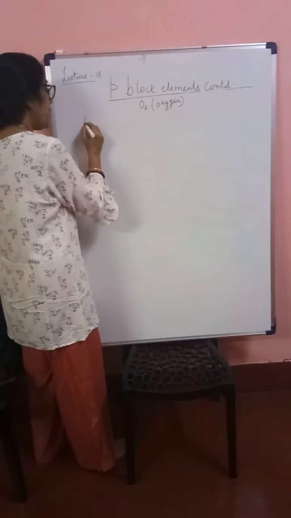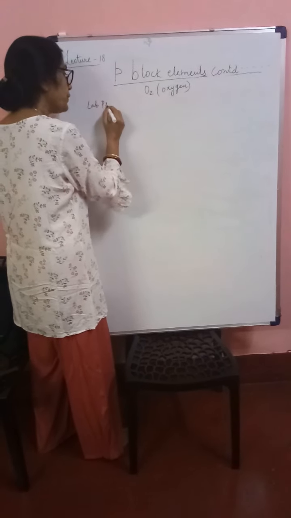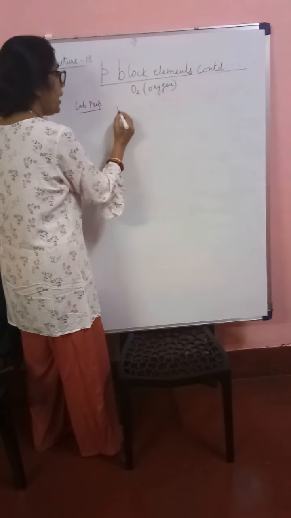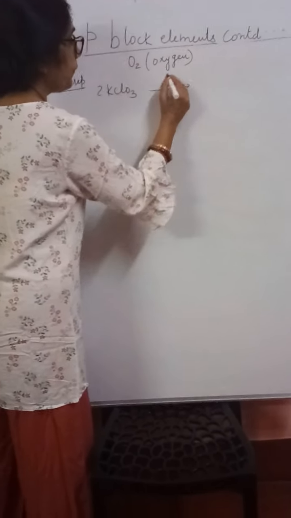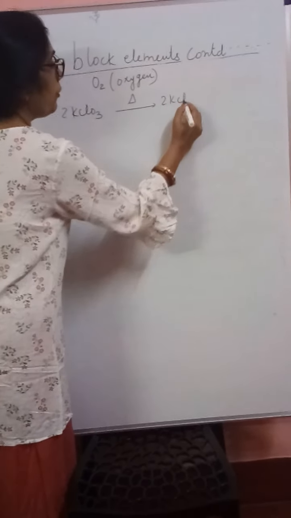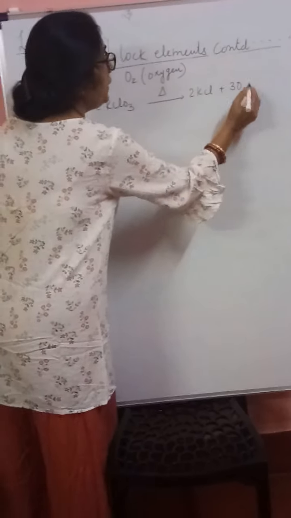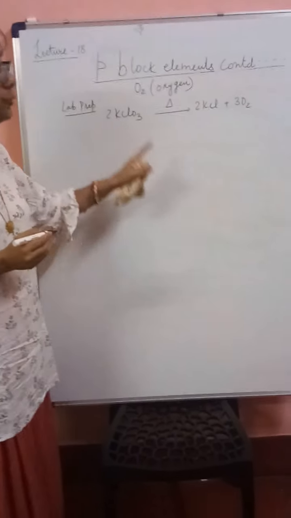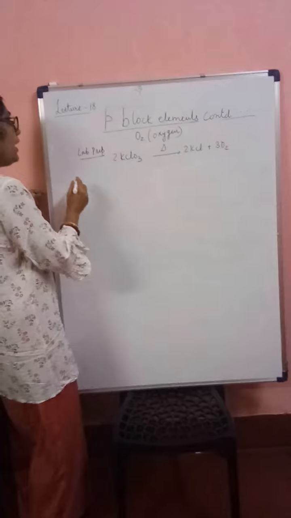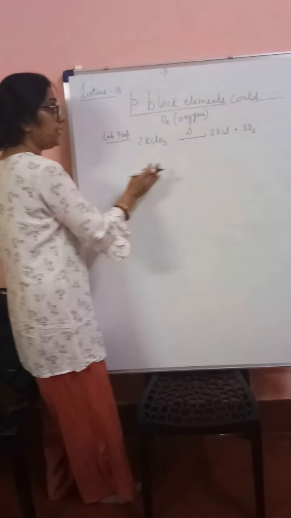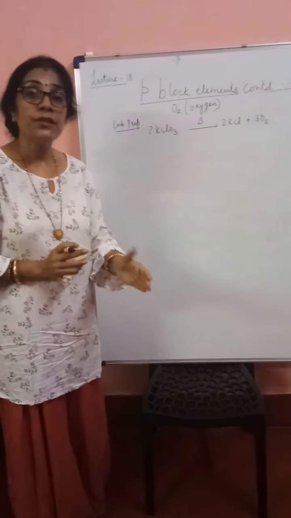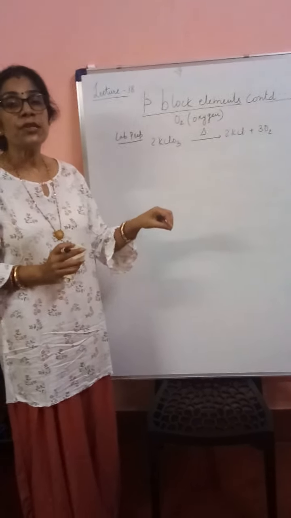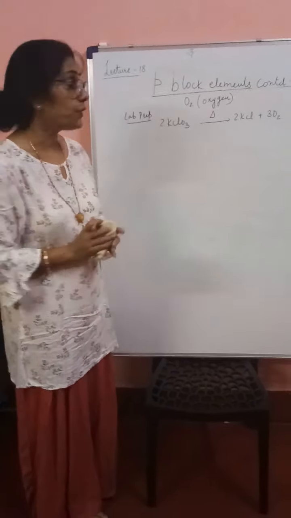And so far as lab preparation of oxygen is concerned, upon heating potassium chlorate, we get oxygen. Manganese dioxide can be used as a catalyst over here, and other preparations, as you all know, oxygen can be obtained by heating the salts which are enriched with oxygen.